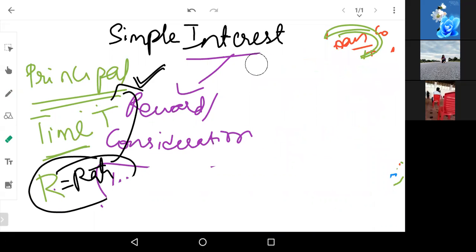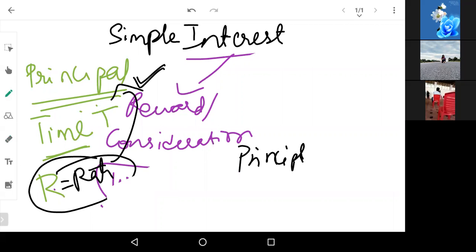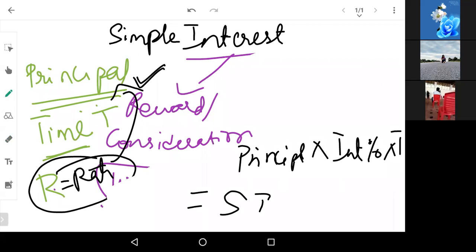When I calculate the amount, principal into interest percentage into time, this is simple interest. Very simple formula of calculating interest is called simple interest. On the original principal amount, if I calculate the interest, yes, PTR by 100, correct. That is called simple interest.